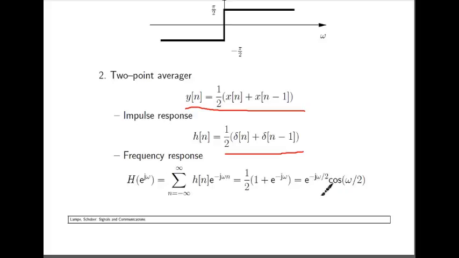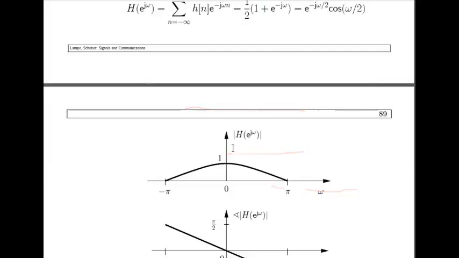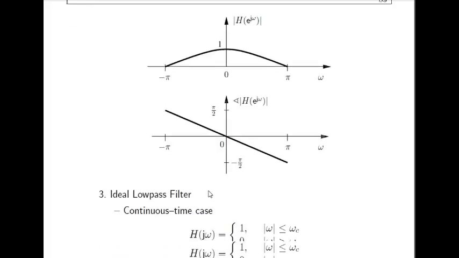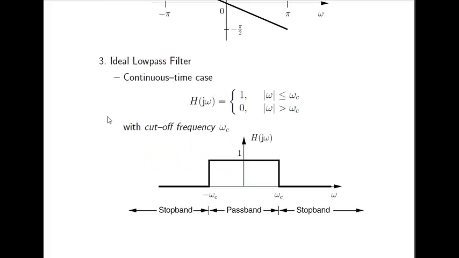And I can rewrite it in this manner, by multiplying and dividing by e to the power minus j omega by 2, and doing some operations on it. Okay, so this is the magnitude spectra related with this function, and the angular spectra or phase spectra related with this function.